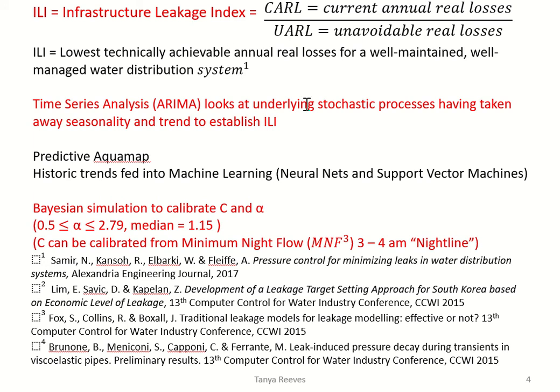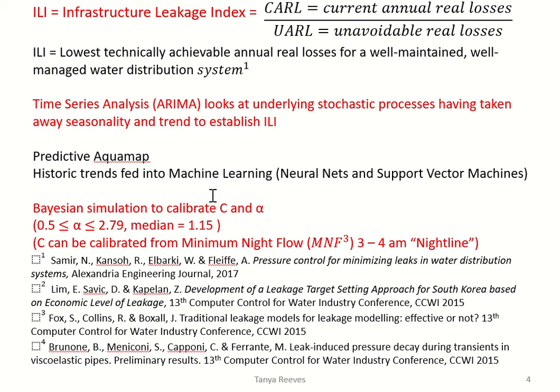So time series analysis is very important to look at the ILI, because it gives an indication of underlying stochastic processes, i.e. processes related to the actual functionality of the system in terms of the pipes, the joining of the pipes, the laying of the pipes, taking the processes away from seasonality to look at actual patterns.